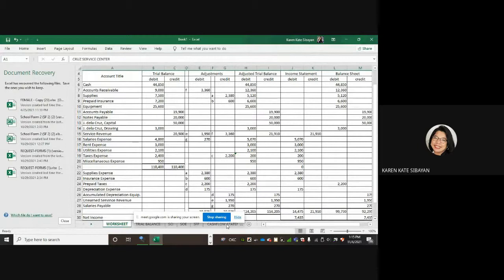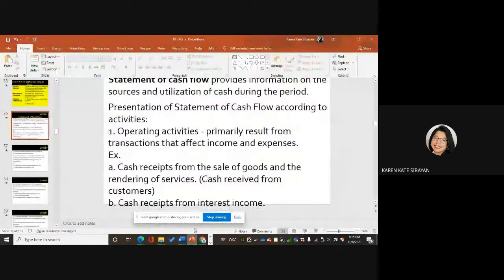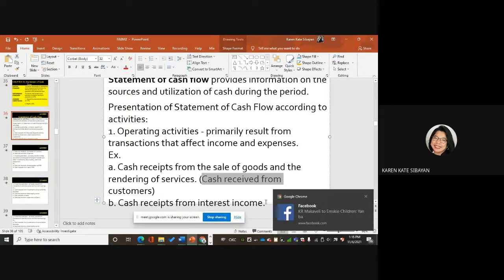Pero if ever na meron, ano ang ilalagay natin? Class. Ang ilalagay natin ay, kung ito, cash received from customers, ito naman, cash received from interest income. Okay? Next, letter C.